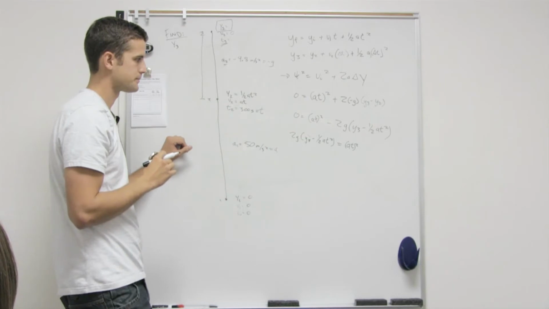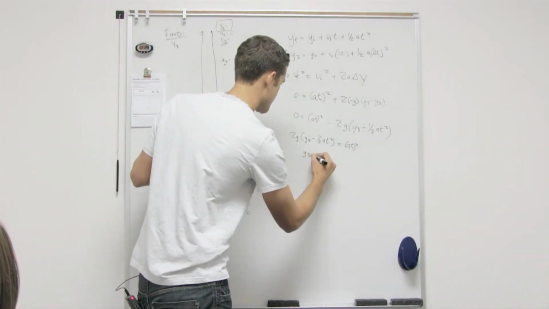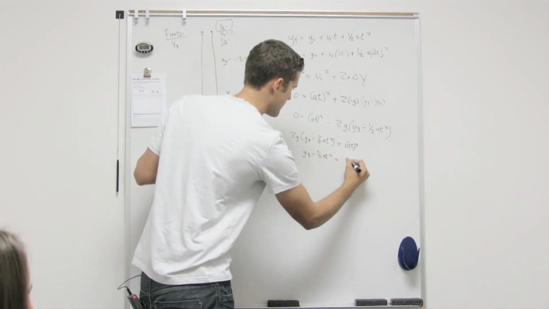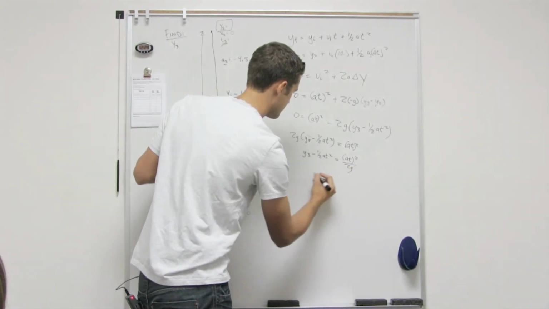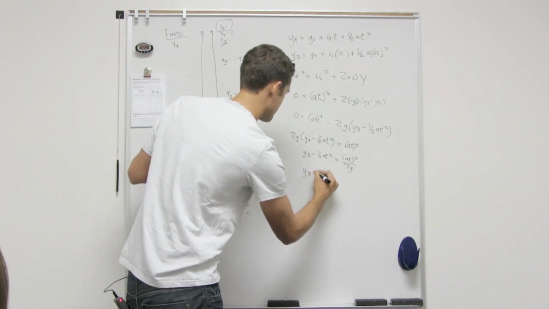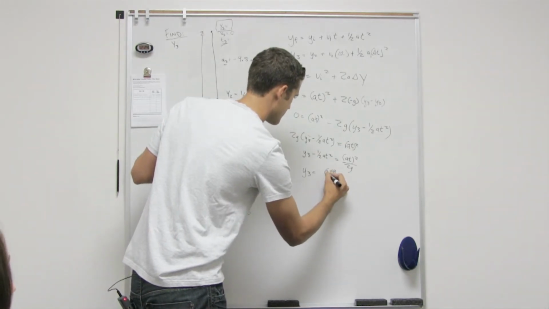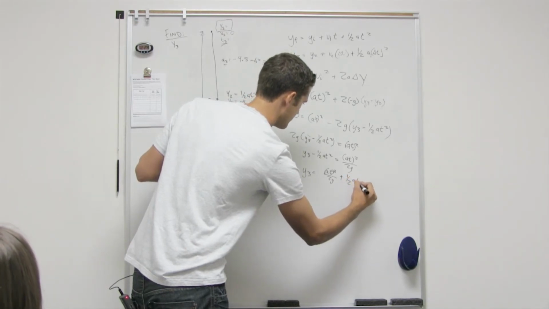And then you would divide by 2g and add 1/2 a t squared. So y3 minus 1/2 a t squared equals a squared t squared all over 2g. So y3 equals a squared t squared all over 2g plus 1/2 a t squared.